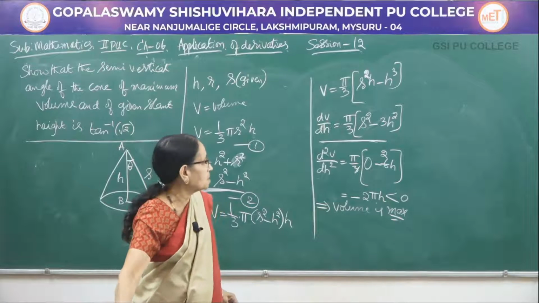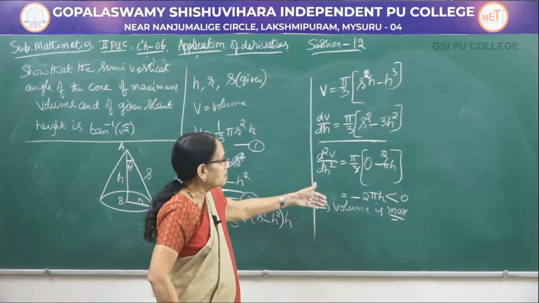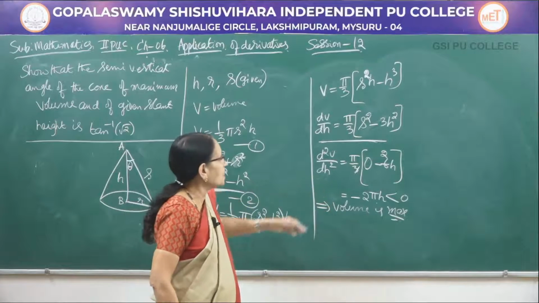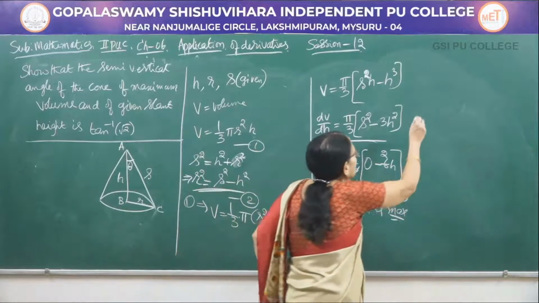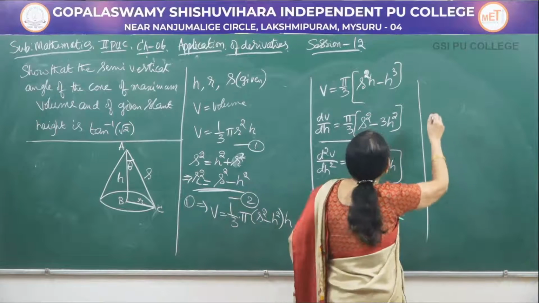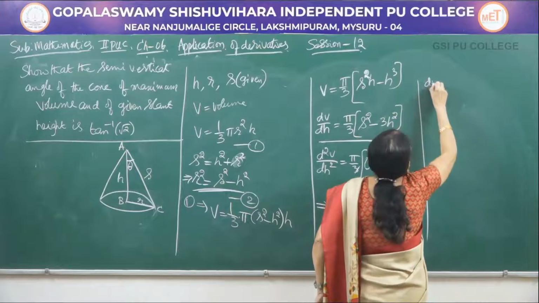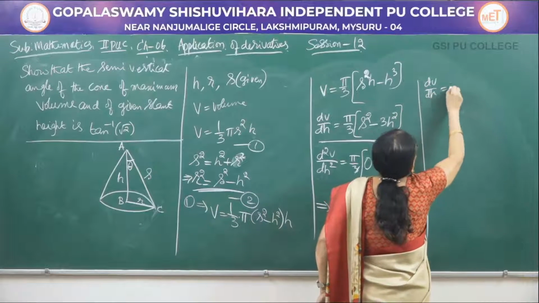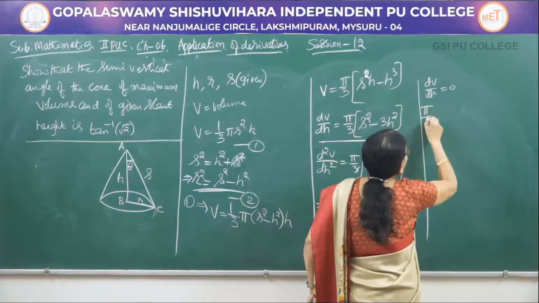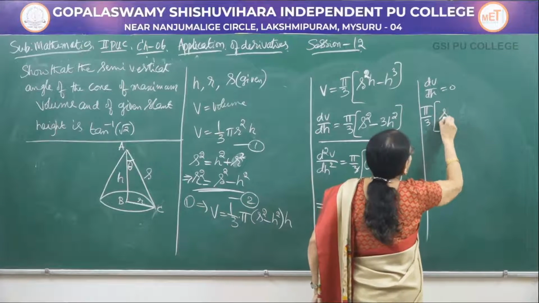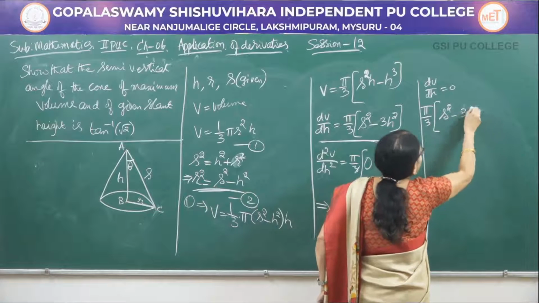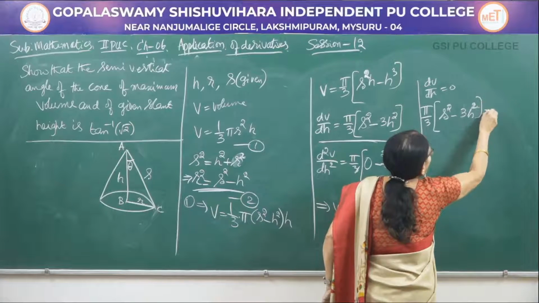That is important. So after confirming that it is attaining a maximum value, let me equate the first derivative to 0. What is the first derivative? dV by dH equal to 0 implies pi by 3 into S square minus 3H square equal to 0.